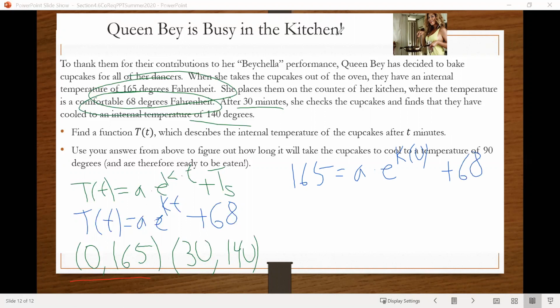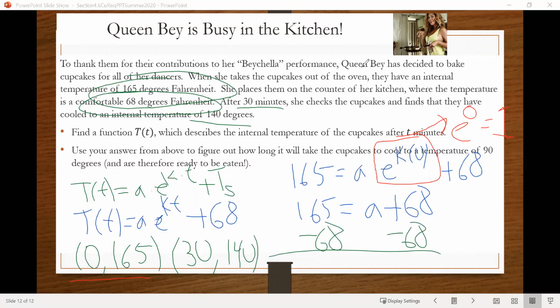Notice that k times 0 is 0, so this becomes e to the 0, which is just 1. So this is really saying A times 1, but we know A times 1 just gives us A. So our equation is looking like 165 equals A plus 68. And we can solve for A by subtracting 68 from both sides.